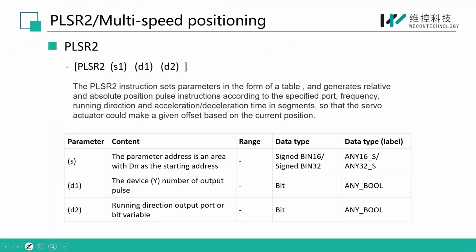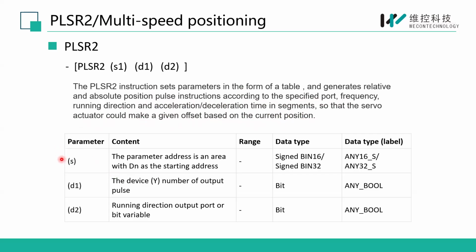In this instruction, the PLSR2 instruction sets parameters in the form of a table and generates relative and absolute position pulse instructions according to the specified pulse, frequency, running direction, and acceleration or deceleration time in the segments, so that the servo actuator can make a governor offset based on the current position.